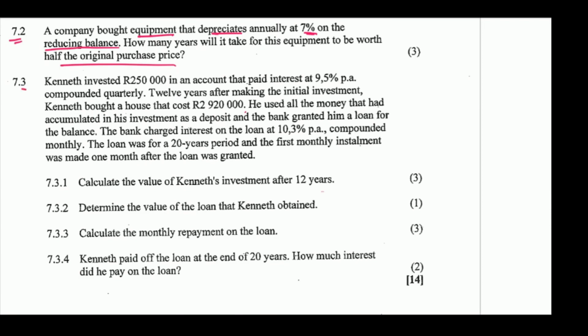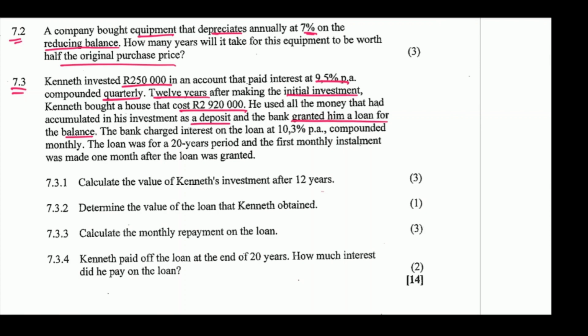So now 7.3, we are told that Kenneth invested 250,000 into an account that pays an interest rate of 9.5% compounded quarterly. 12 years after making the initial investment, Kenneth bought a house that cost 2,920,000. He used all that money he accumulated in his investment as a deposit for this house, and the bank granted him a loan for the remaining balance, right?